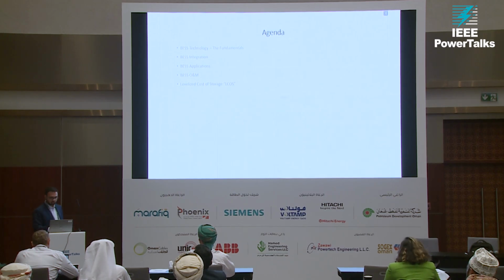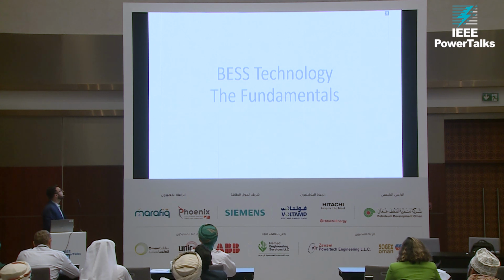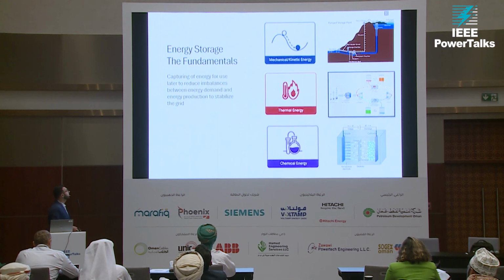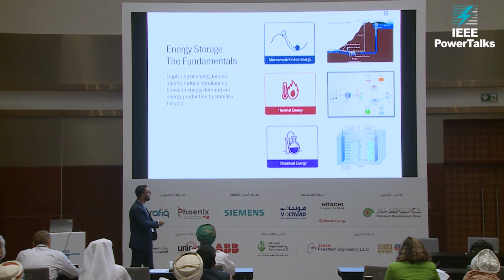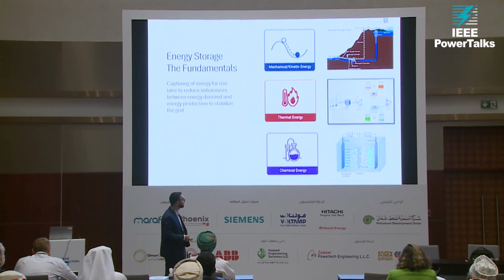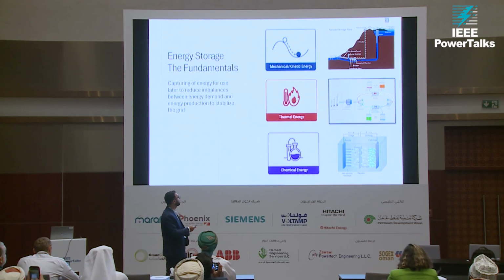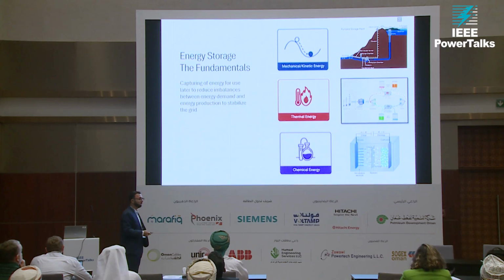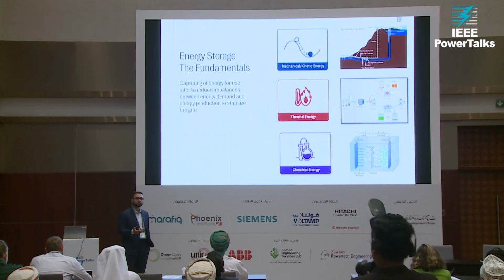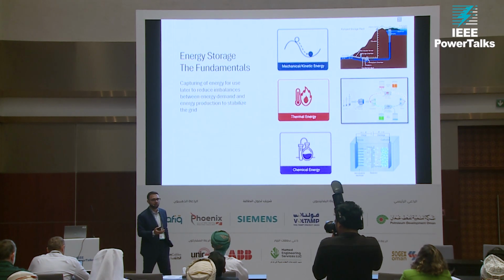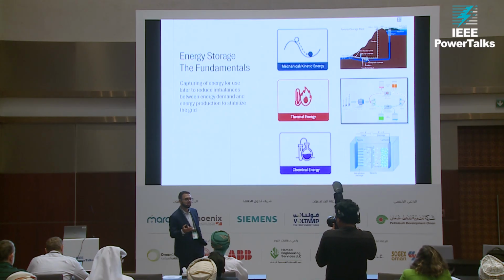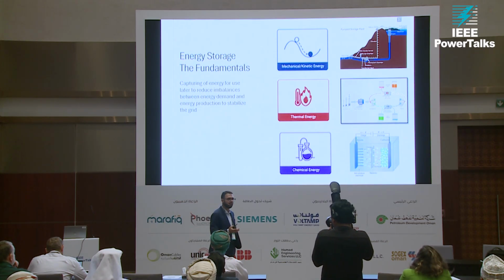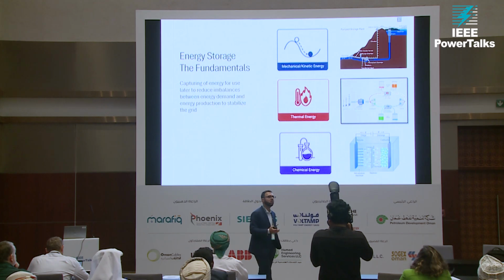So with that, let's jump to the technology and fundamentals. Some of you, if not most of you, have seen this picture from yesterday's presentation. There are 3 forms of storing energy. But let's talk about the fundamentals. Why do we need to store energy? Energy is a commodity, and it's one of the few commodities that don't have established storage mediums.